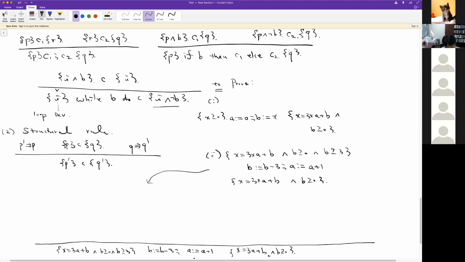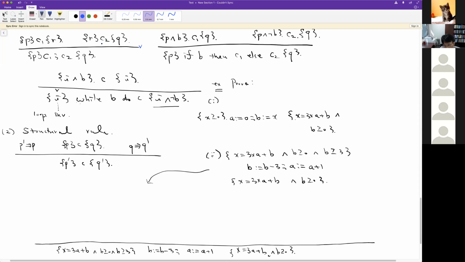What justifies us to run the program backward is the rule for sequencing. This rule says if you have a sequential composition of two commands, you can first take care of C2 and then take care of C1.